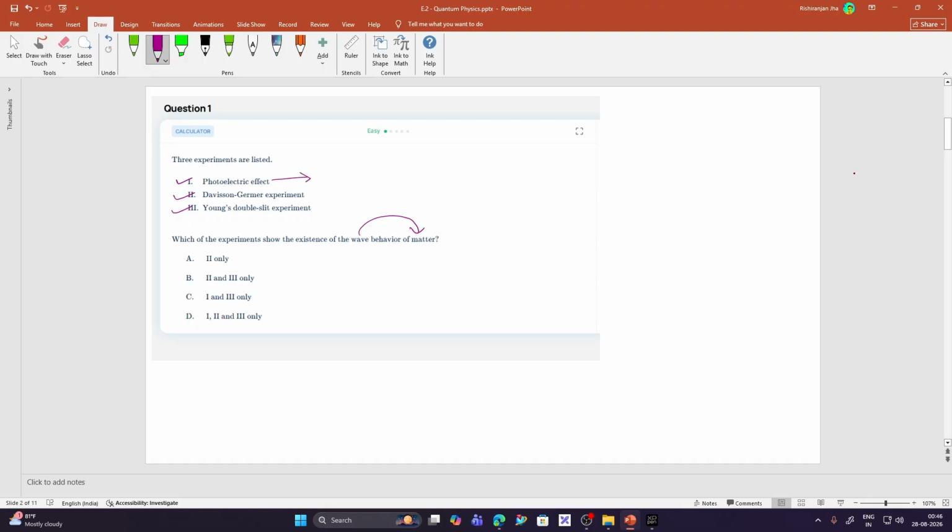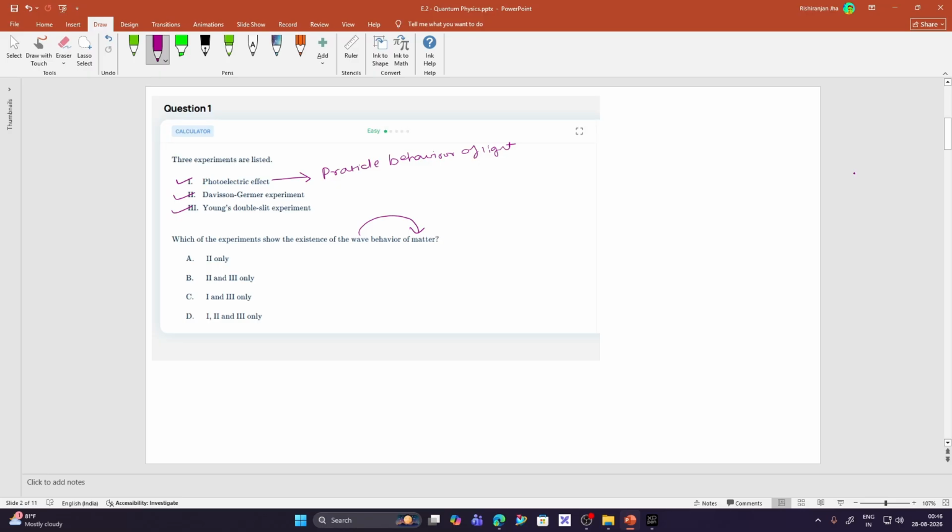Photoelectric effect was very successful in explaining the particle behavior of light, all thanks to Albert Einstein. Einstein was the one who proved the particle behavior of light, properly explaining the photoelectric effect.